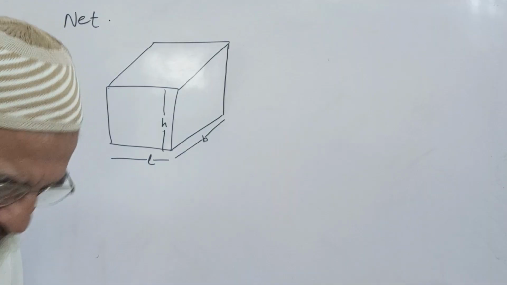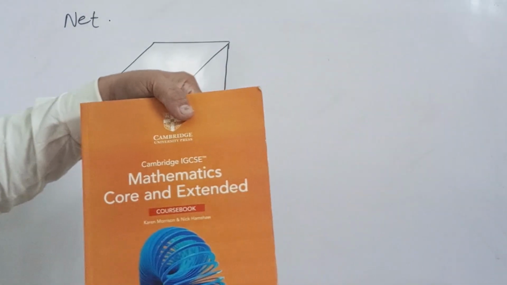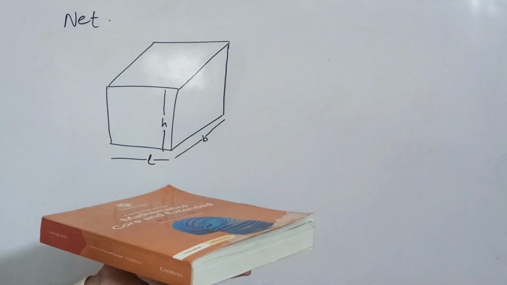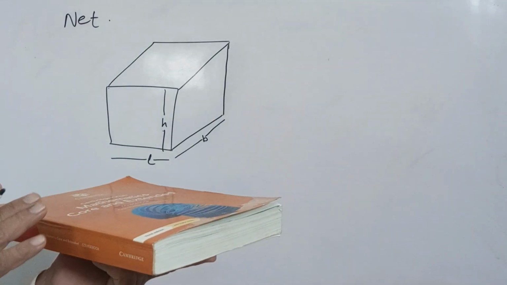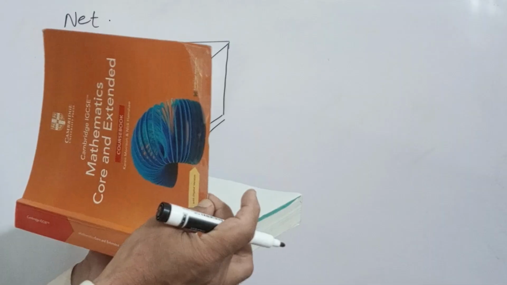Okay, I was going to show you cuboid as well. So this book is a cuboid. And if you open the sides, you will again get the 6 faces, but the length, breadth, and height are different. You see, this is one flap.